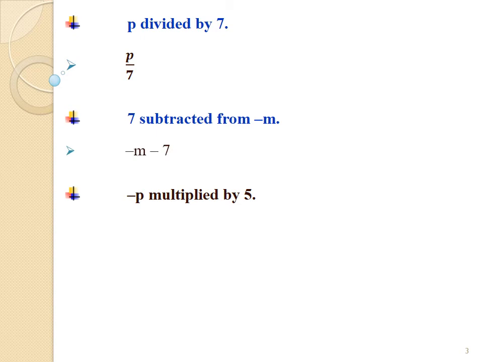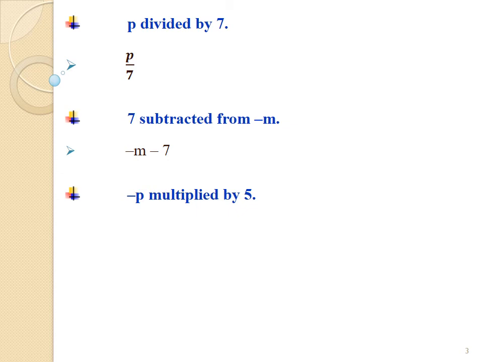Now, sum F. Minus p multiplied by 5. Students, in this statement, we have to multiply minus p, a negative variable, by 5, a positive integer.